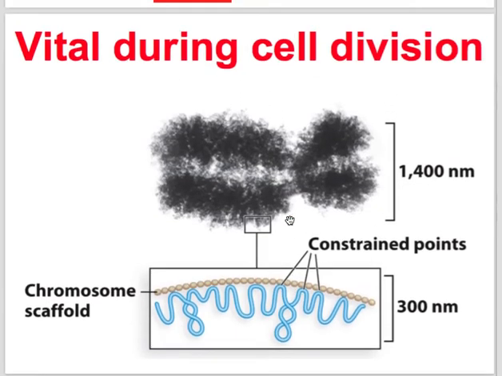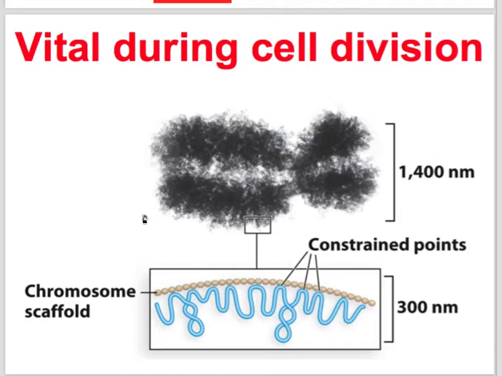Okay. Now, where supercoiling is super important is at this metaphase and anaphase stage. This is an entire chromosome here. So it's millions and millions of base pairs all crunched down. So the scaffold for the chromosomes there is going to be like a protein structure scaffold that is going to allow binding to certain points.